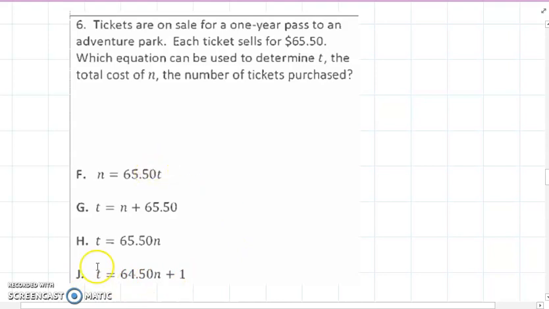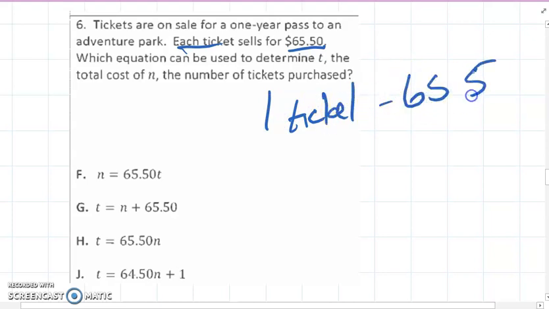So think there, each ticket costs $65.50, so one ticket equals $65.50. And so then you gotta think, okay, how much would 2 tickets cost?